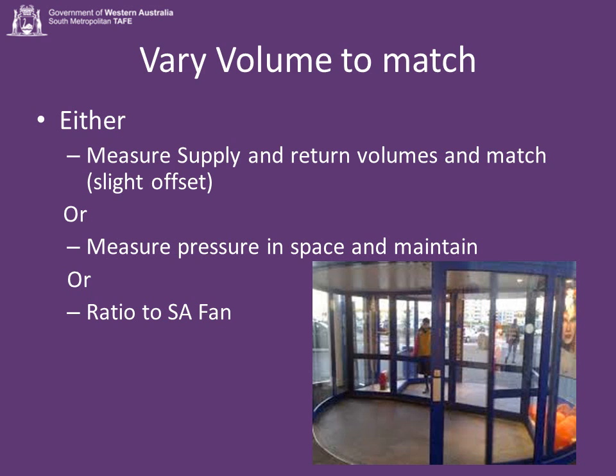We need to maintain a very slight positive pressure in the air-conditioned space. The reason we want a slight positive pressure is so that things like smoke, pollution, flies, etc. are kept outside of our building. It needs to be a very slight positive pressure.